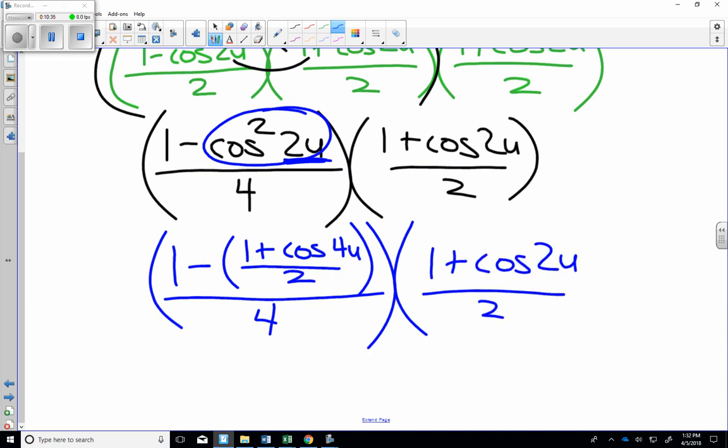Now this looks like a big pile of garbage, so we shouldn't leave it like that. That's a negative there, and if you simplify the numerator first, this turns into 2 over 2, and then we have 2 minus 1, which is a positive 1/2, and then minus cosine of 4u over 2 over 4.